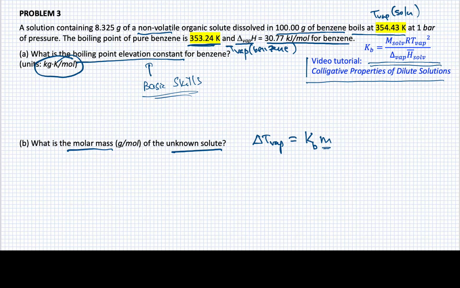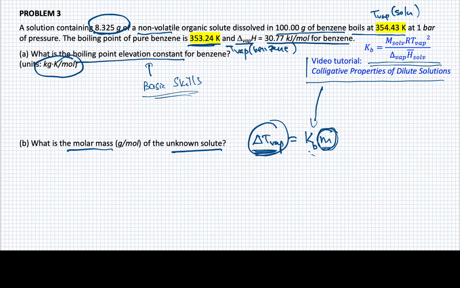So what we're going to need to do is somehow take this number of grams and relate it to the molality that we get if this is the change in temperature. Well, we're given two temperatures, so we can figure out what the change of temperature is for that boiling point. We have just gotten a boiling point elevation constant from part A.